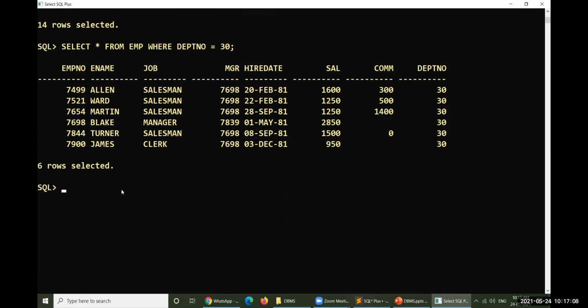So look at this. The query is: display the details of all employees whose job is either manager or clerk. Select everything from EMP where our condition is job. So job is equal to, it is character, so we have to start with single quotes, either manager, M-A-N-A-G-E-R.